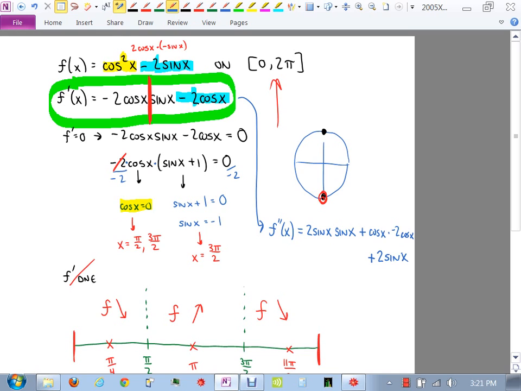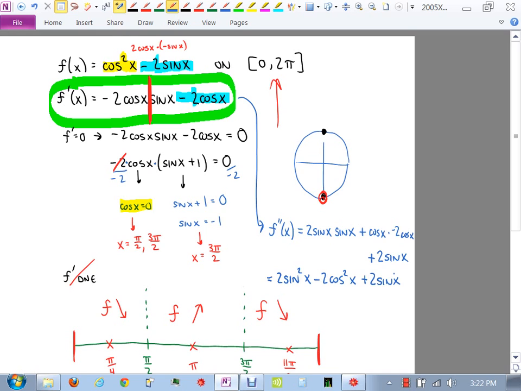The minus 2 cosine x. Elias, yes? This equals 2 sine squared x minus 2 cosine squared x plus 2 sine x. Yay or nay?